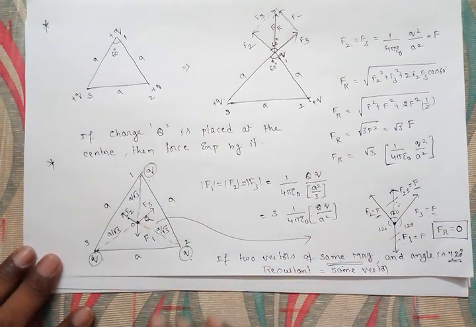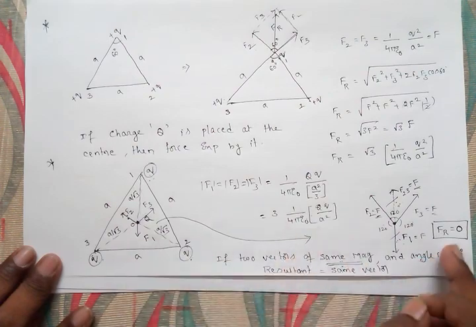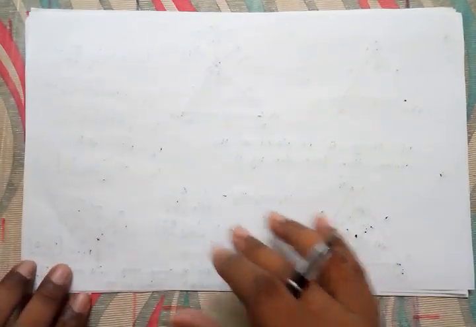Now we can take one example here. If I make one of the charges different, just changing the polarity, we won't get a result of 0. So let us go for that example. One of the charges is negative.